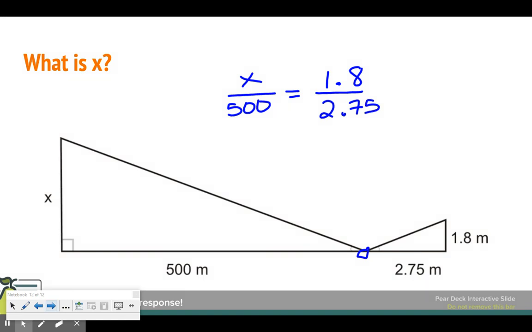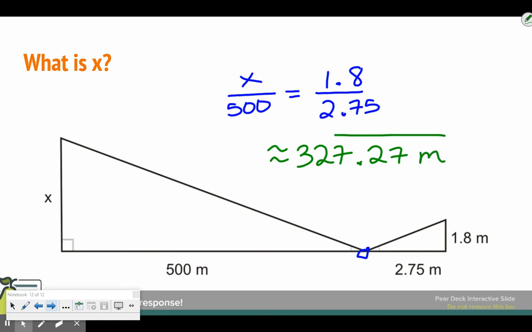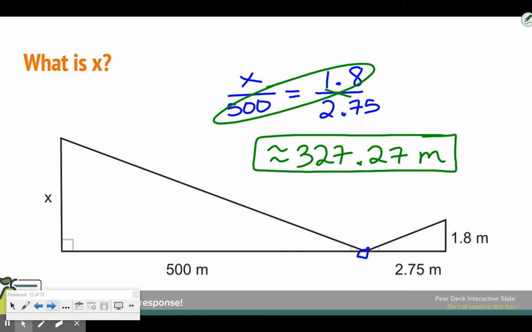We do some cross multiplication, 500 times 1.8 divided by 2.75. So this height would be approximately 327.27 meters tall. We multiplied and then divided.